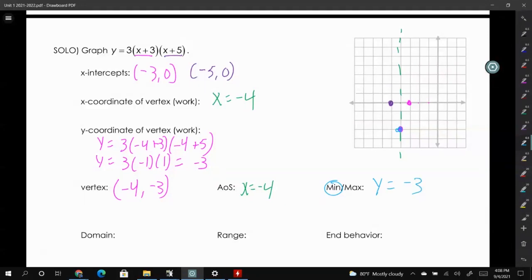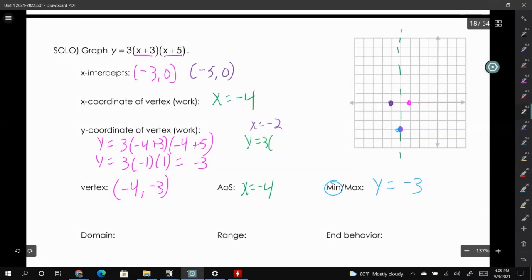Now we need that other point. And I said last time, pick a point between your x-intercept and your vertex. Oh, we don't have a nice number in this area. So let's just go one outside. Let's do x equals negative 2.